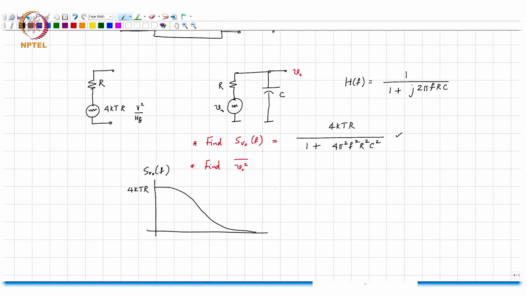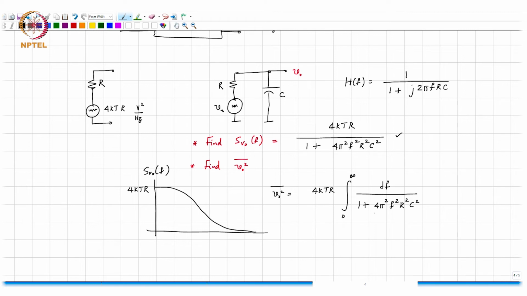Now, the next thing is to find the total mean square noise at the output. And how will you figure that out? Well, it is simply 4 kT R integral 0 to infinity 1 over 1 plus 4 pi square f square R square C square df. Okay.